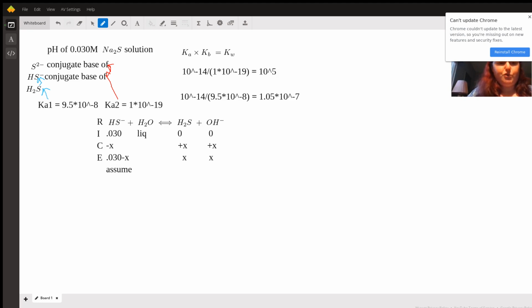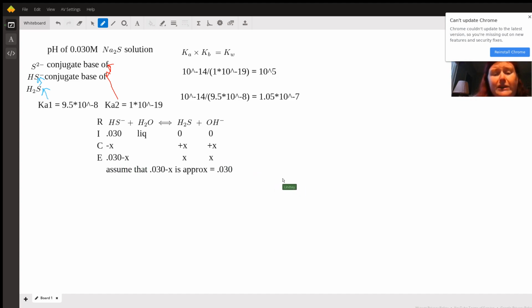However, we're going to assume that 0.030 minus x is approximately equal to 0.030, because with the magnitude of the equilibrium constant that we're dealing with here and the number of significant figures we have, that subtraction is going to be so small that it would round right back to 0.030.